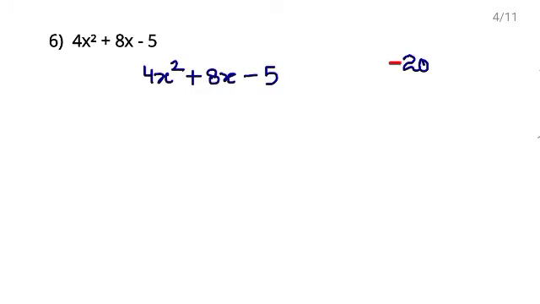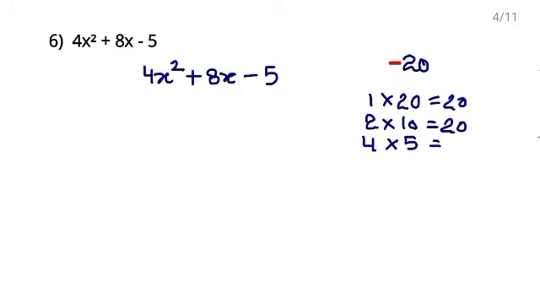Clear? Now first of all find the factors of 20. 1 multiply 20 is 20. 2 multiply 10 is 20. 4 multiply 5 is 20. 5 multiply 4 is 20, but that is repetition, so not required.